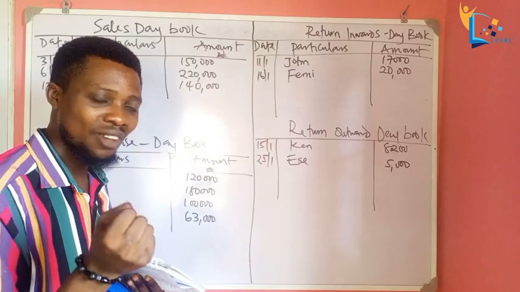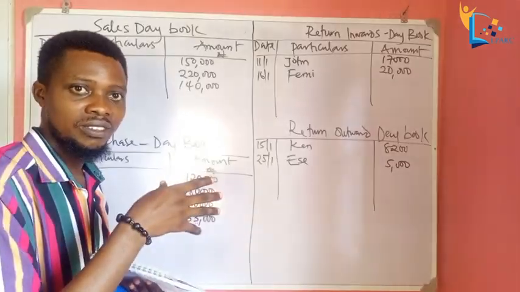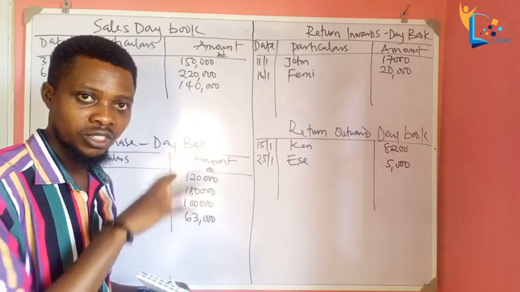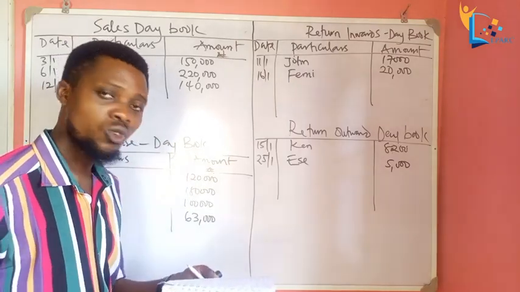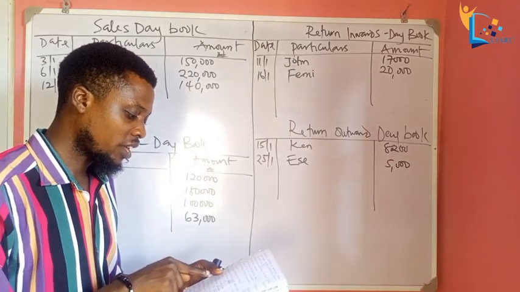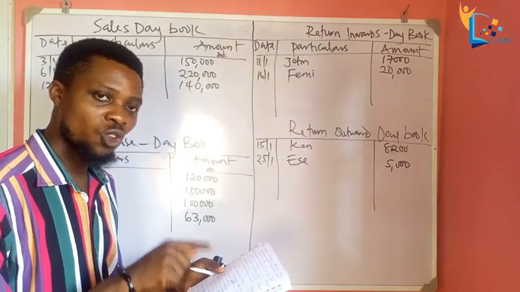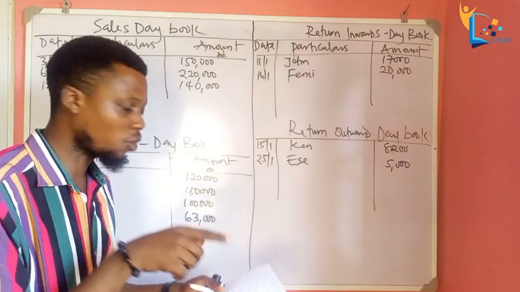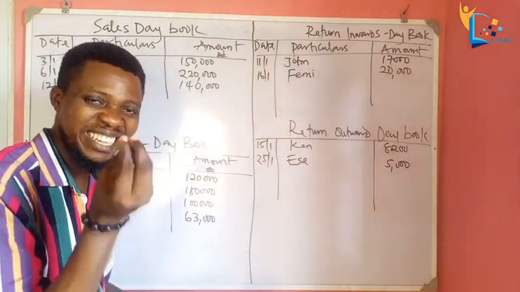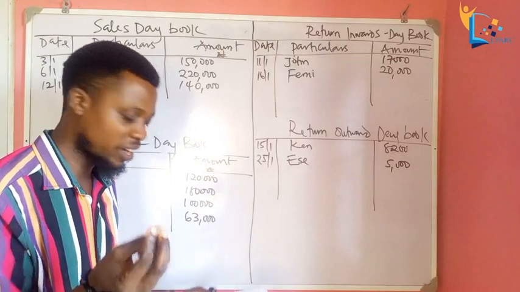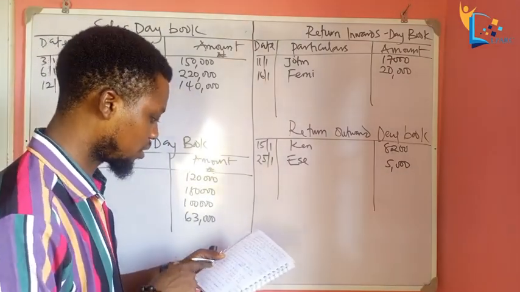It is that 63,000 that you will record, not the whole amount. Because with trade discount, you don't record the discount, you record the net value. Are we together? Okay. Now let's proceed.